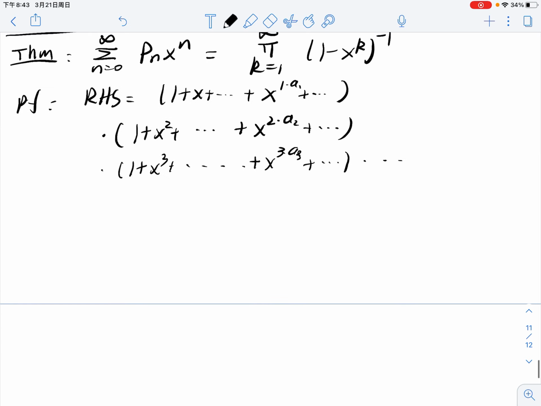And if you sum them up, you do the distribution law, this is exactly the left-hand side.